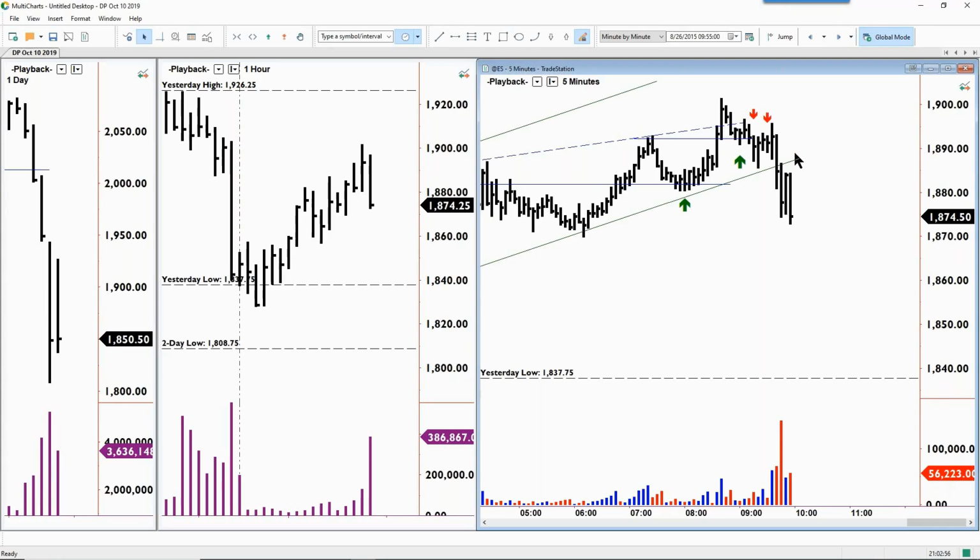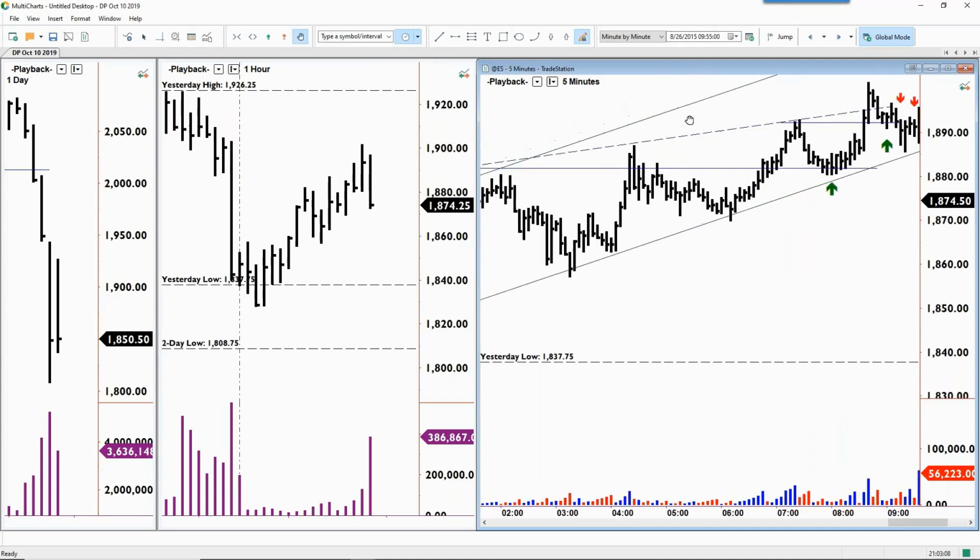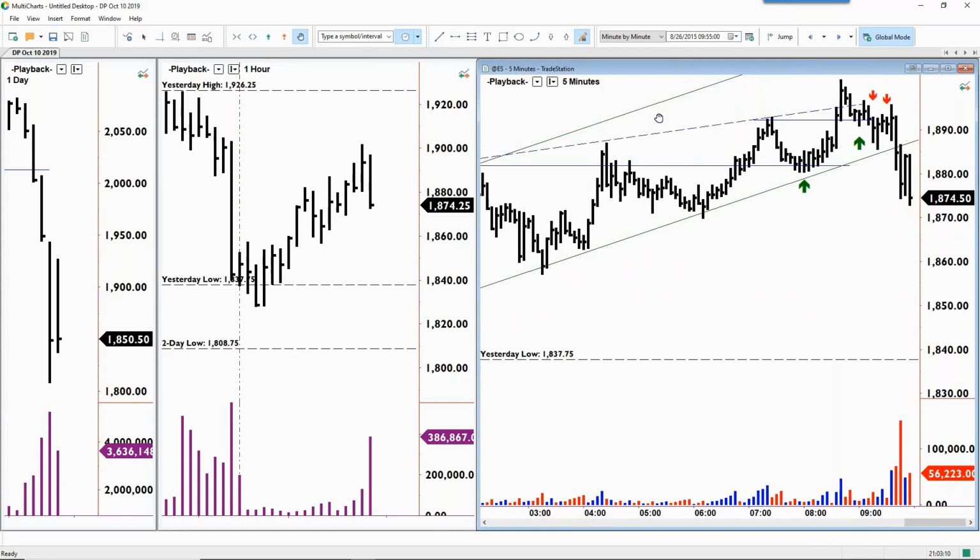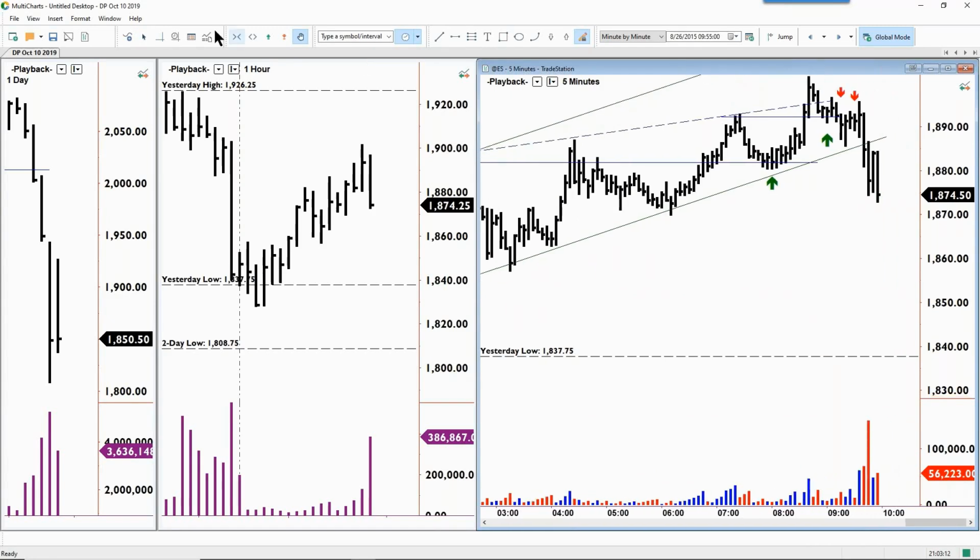So typical volatility coming in the morning, the first half an hour or so. We're seeing that occur here. And we do have this low here, but I wouldn't be thinking too hard about it.